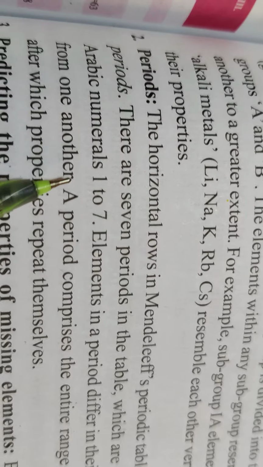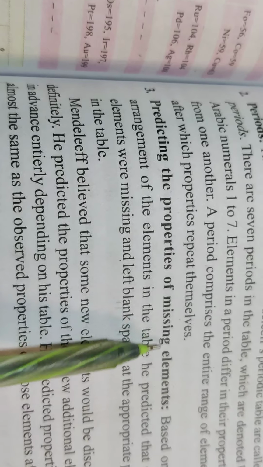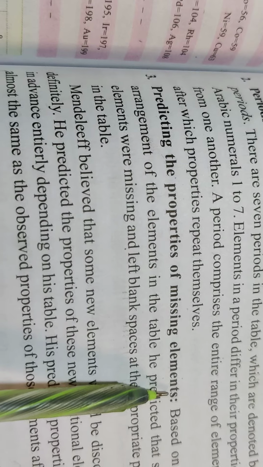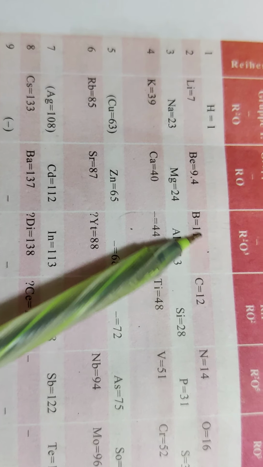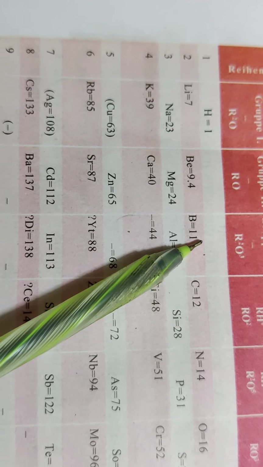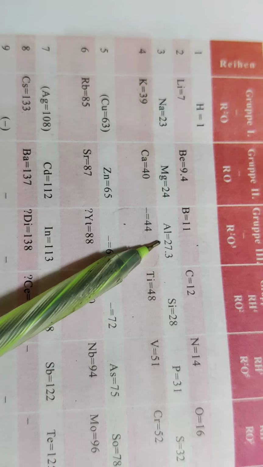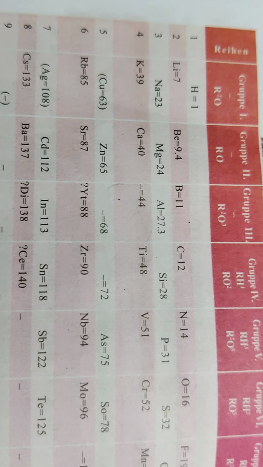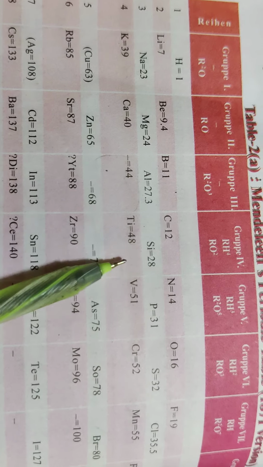Next, the third one, predicting the properties of missing elements. Here in this table you can observe that below boron, atomic mass 44 is written, but the name of the element is not mentioned. Mendeleev gave some gaps because at that time some elements were not discovered.